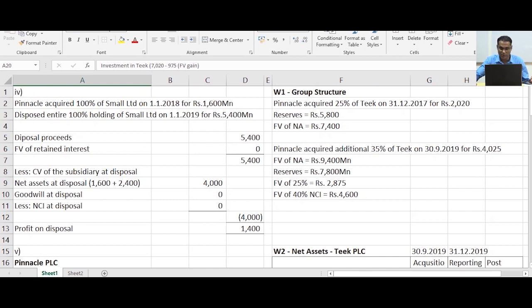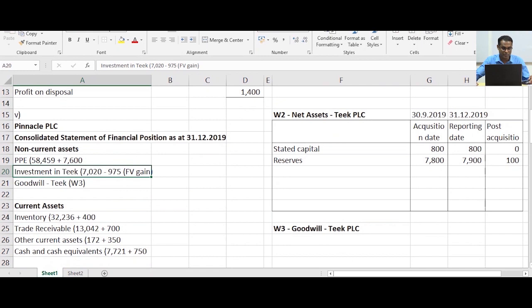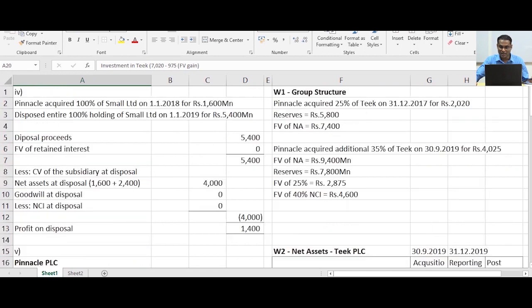If you look at the investment in Teak, 7020 minus 975 gives 6045. So what is included here is the investment Pinnacle made in Teak as at 31st December 2017, 2020, and as at 30th September 2019, 4025.